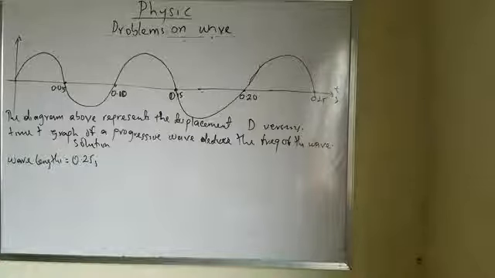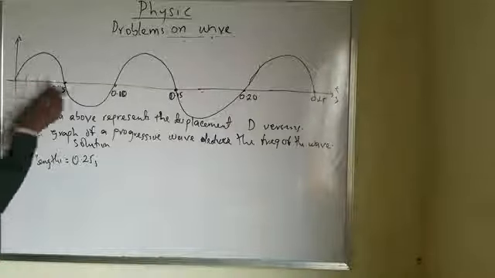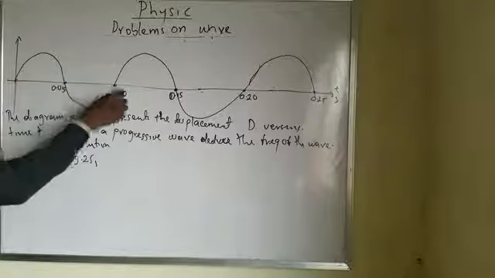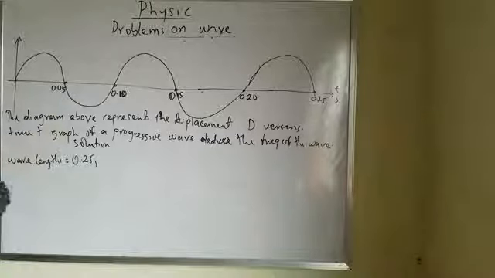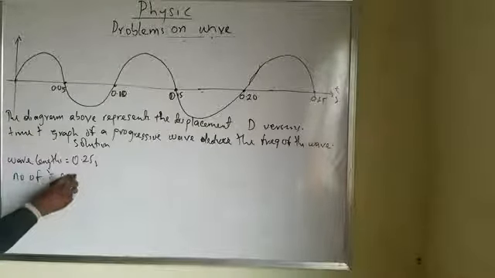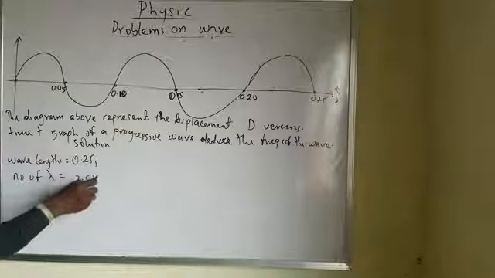Now the next thing I need to do is work on the number of wavelengths, which is 1, 2, and 2.5. It means the number of wavelengths is 2.5. And what else?